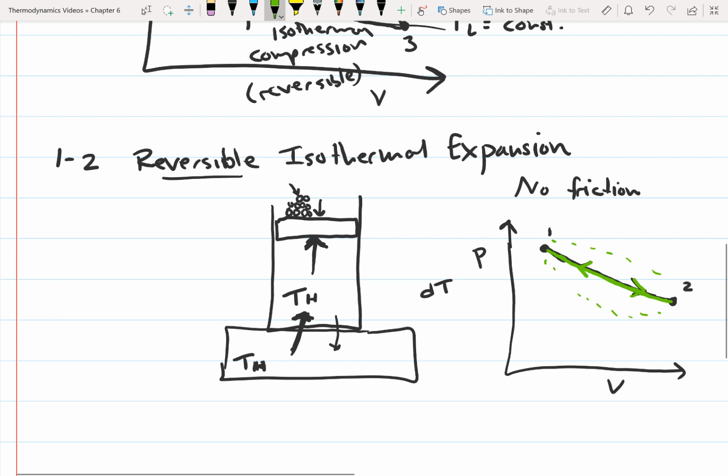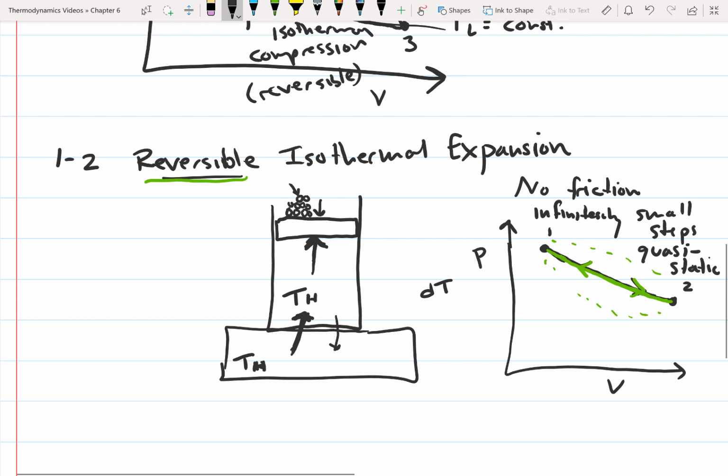And so that means that when we compress the gas, we can't follow the exact same path back to the initial state. So the reason why this is reversible is because it's happening infinitely slowly, in infinitesimally small steps. And basically this means that it's quasi-static.